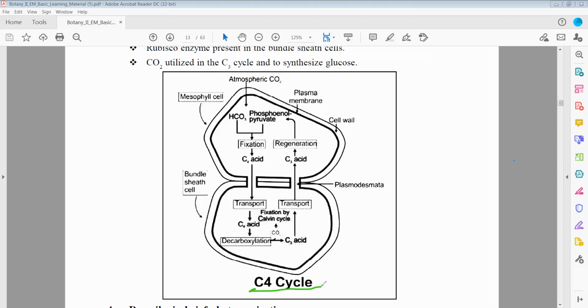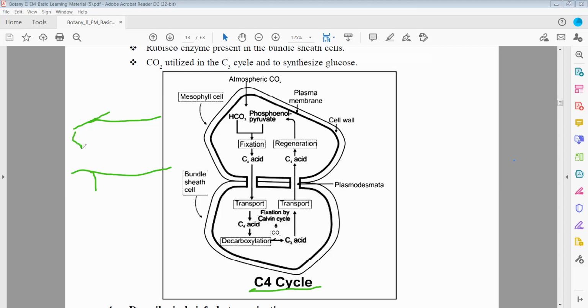Now the C4 cycle requires two cells in the plant leaves. So imagine this is the transverse section of the leaf. This is the upper epidermis, and this is the lower epidermis. Between them is the mesophyll.